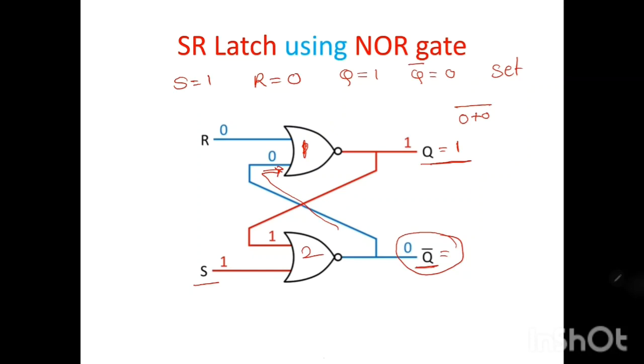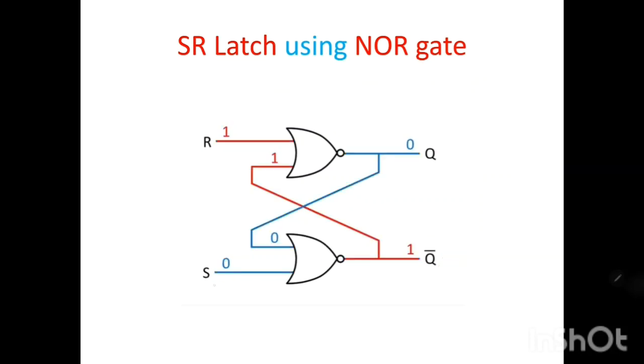Next, when S is equal to 0 and R is equal to 1, then one of the inputs to this first NOR gate is 1, output Q becomes 0 here, and this 0 is applied to the second NOR gate, 0 plus 0 and complement, it becomes 1.